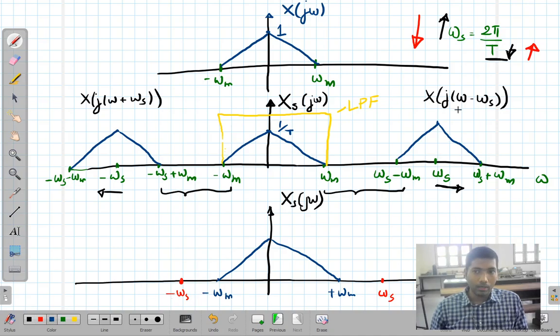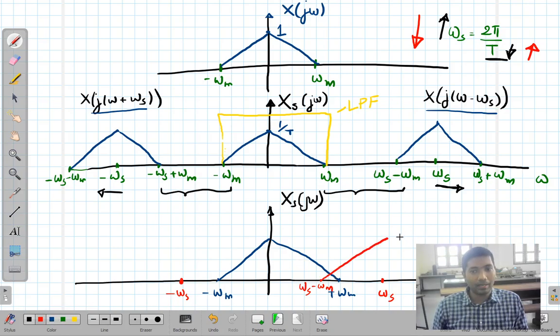Okay, so what is X of j omega minus omega s and omega plus omega s in this particular case? You will see that this point will be omega s minus omega m, and somewhere over here you will have omega s plus omega m. And what happens to the frequency spectrum?